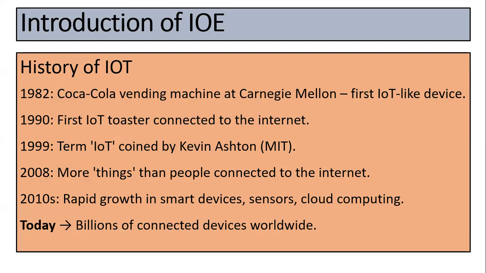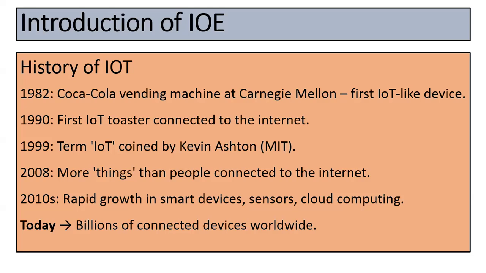So now you can see the history of IoT, which started way back in 1982, when the Coca-Cola vending machine was the first IoT-like device, which gave the availability of Coca-Cola cans in the machine, as well as the temperature of the cans in the vending machine.